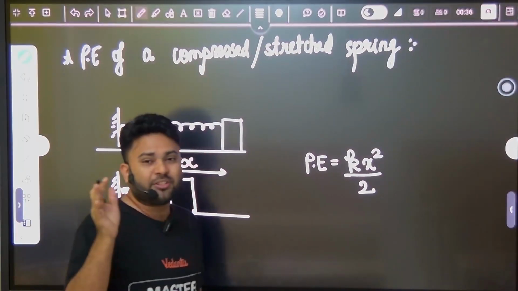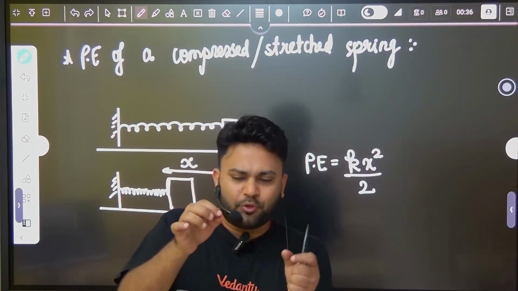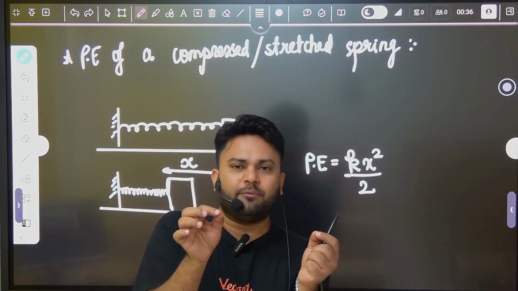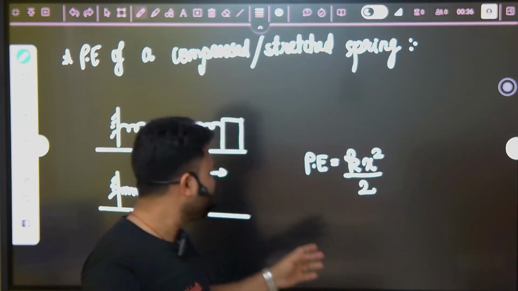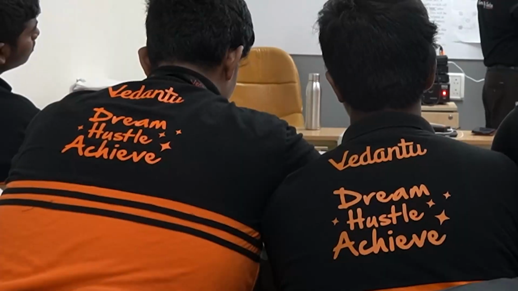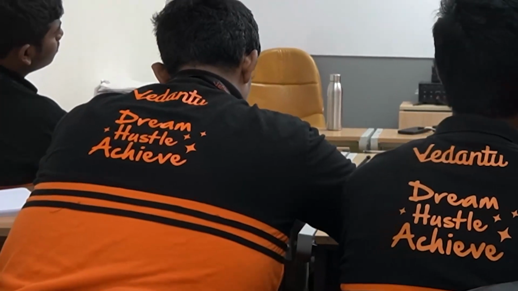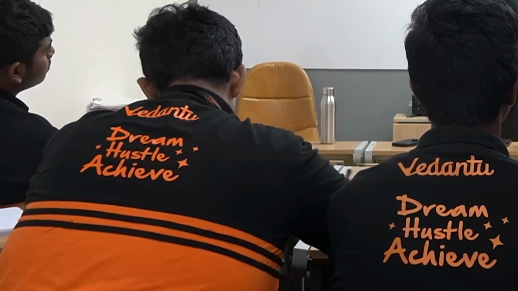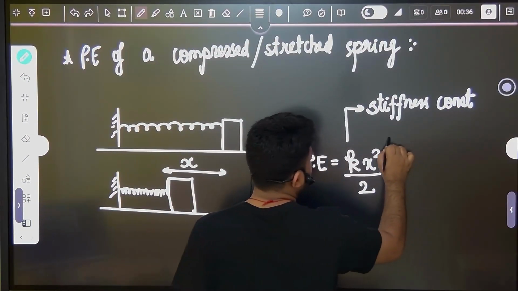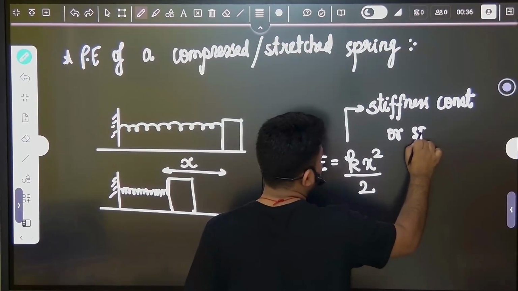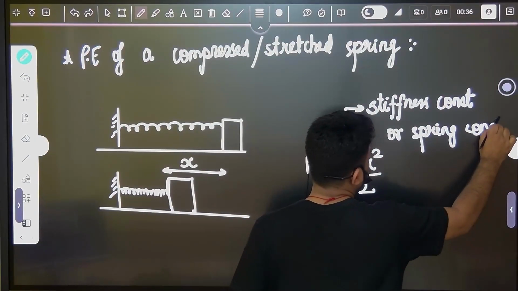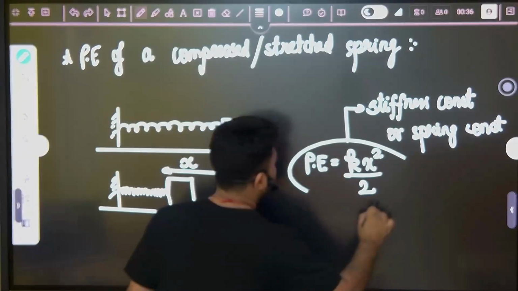Where x is how much you compressed, or sometimes you can stretch also. Same formula will be there. If someone stretches by x amount, the potential energy stored in the spring will be kx square by 2. What is k? Spring constant or stiffness constant. So this you should remember.